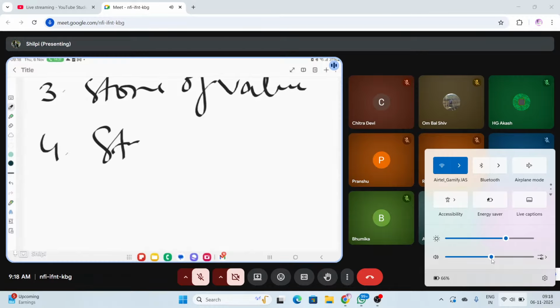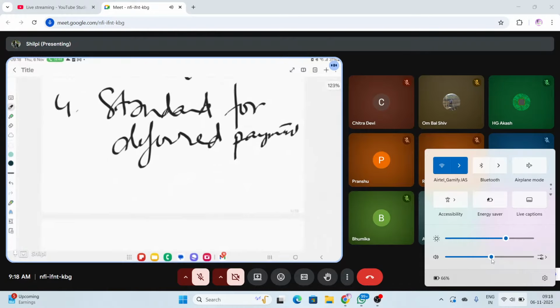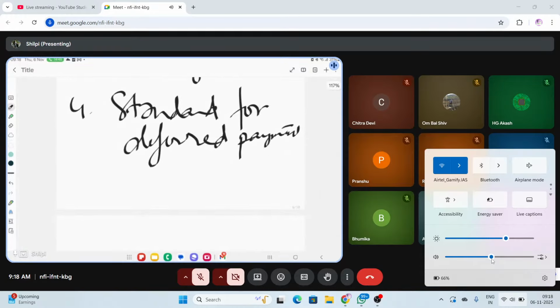Also, it is a standard for deferred payment. Standard for deferred payment is in order to make all the future payments. For example, if you're taking any loan today and you need to make a payment tomorrow, you can make it in terms of money.